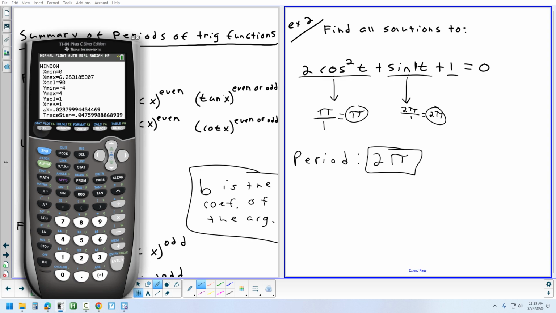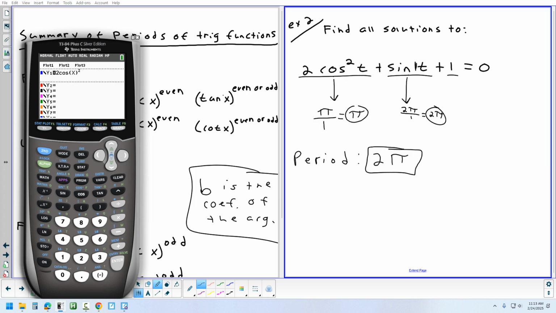So let's type all that in. Because we are raising trig functions to powers, we have to be a little bit careful. So we want 2 cosine x squared. That is how you have to type that in on the calculator, exactly the way I've done it, exactly the way the parentheses are.